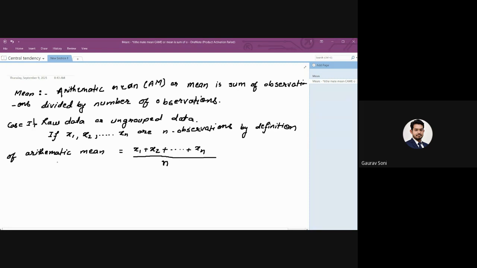So the arithmetic mean is denoted by x bar. This is also equal to summation xi divided by n. This is the notation we are coming across for the first time, the notation for mean.